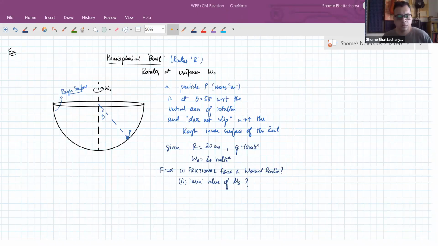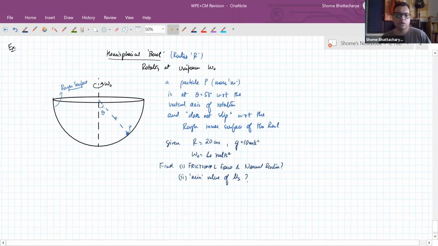Okay, so the easy way to solve this problem would be to understand the equilibrium of the particle in the rotating frame. So, if we take that into account, that with respect to the rotating bowl's frame, the particle P is in equilibrium.